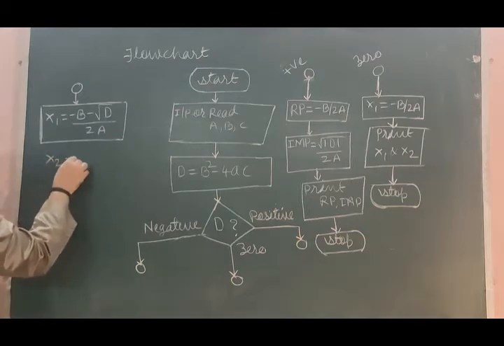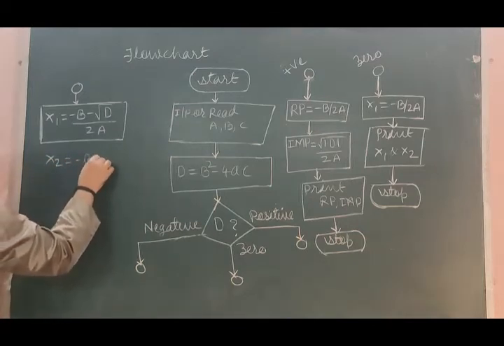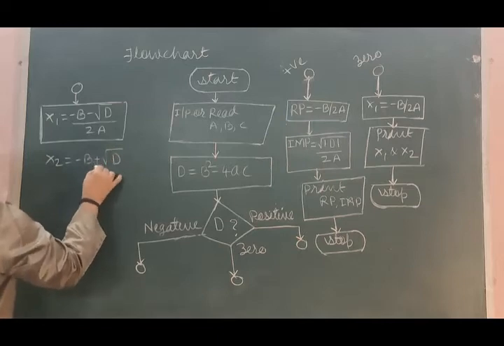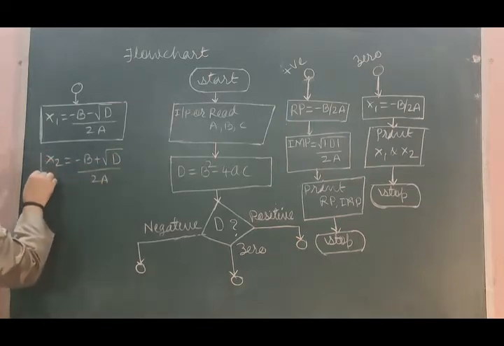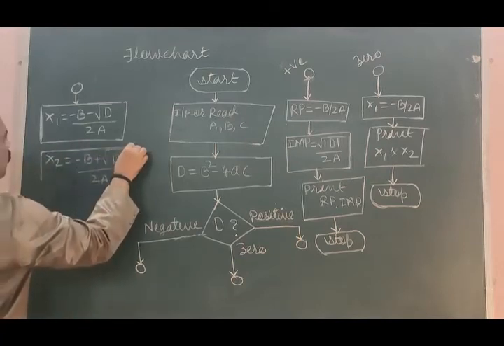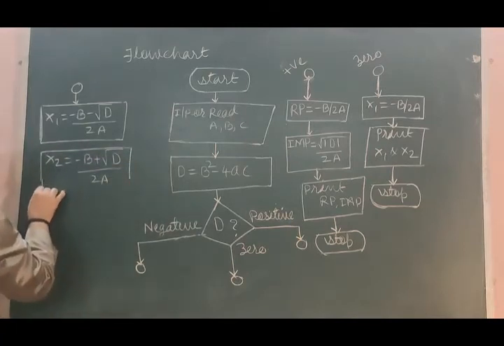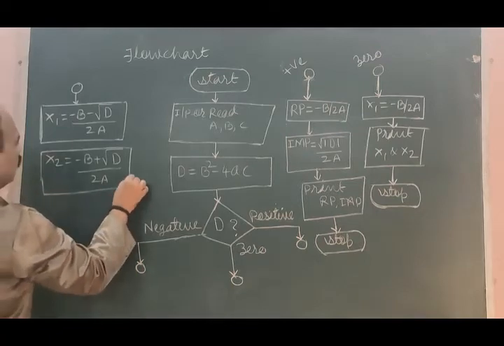X2 is equal to minus b plus square root of d divided by 2a in the second rectangle.